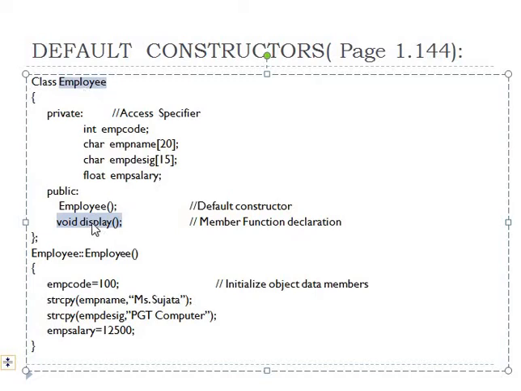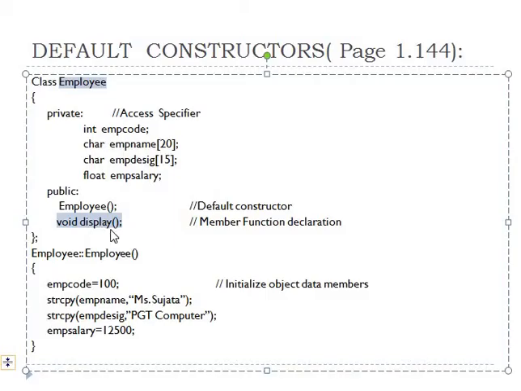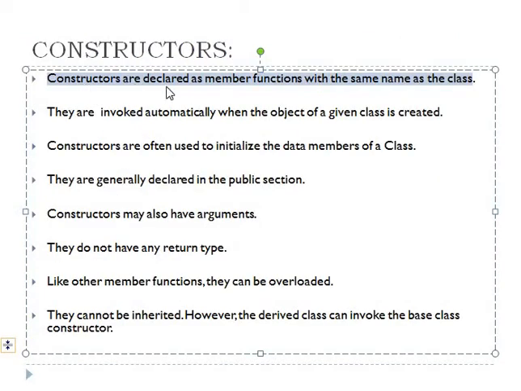So this is an ordinary member function, whereas this member function is a constructor because its name is identical to that of the class. So constructors are declared as member functions which should have the same name as that of the class.